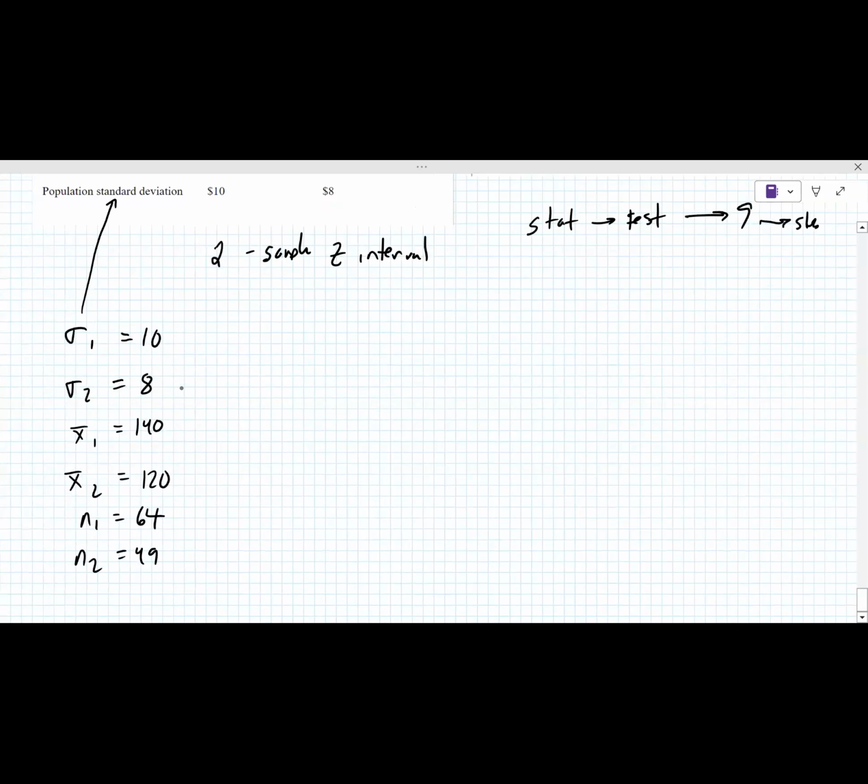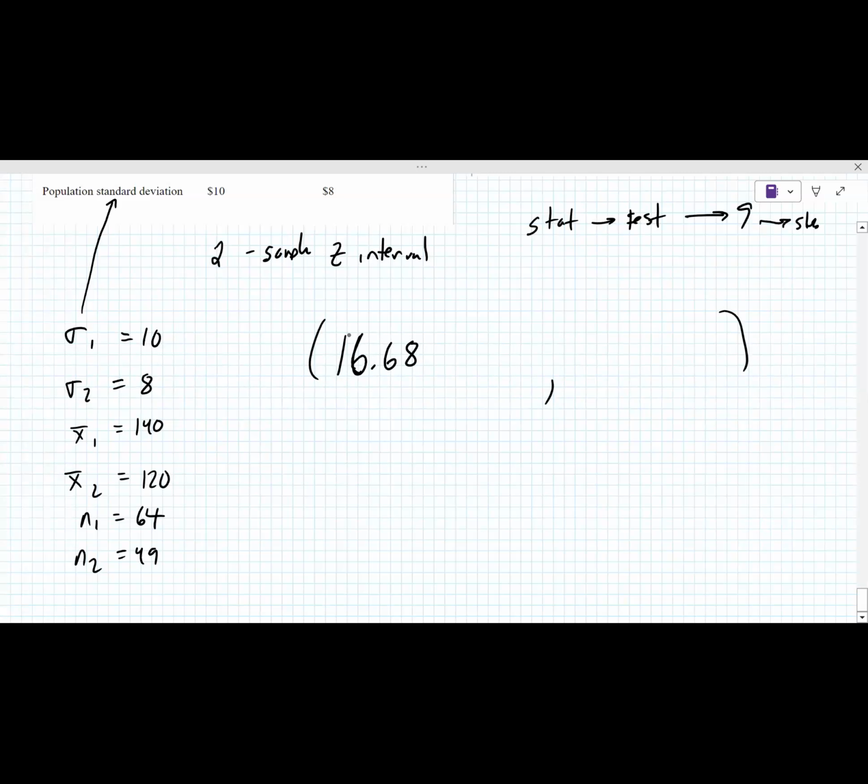So go ahead and calculate that. And we want the 2 numbers in the confidence interval. Okay, 16.68.